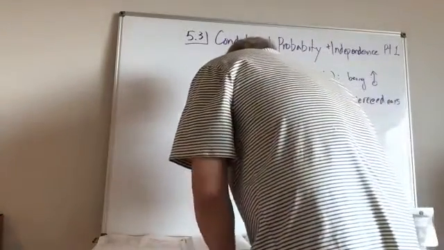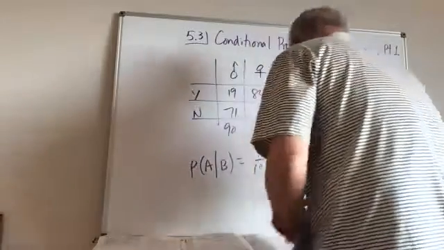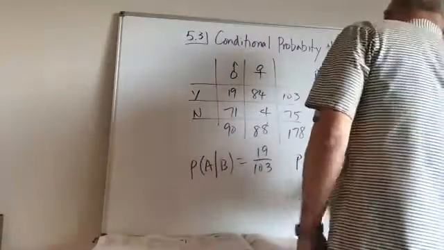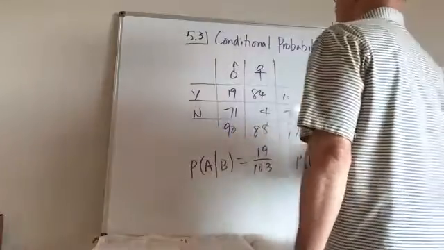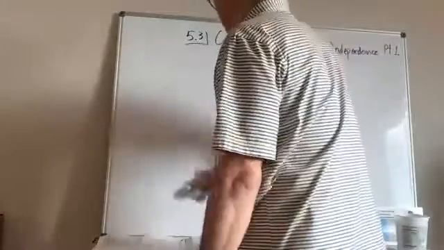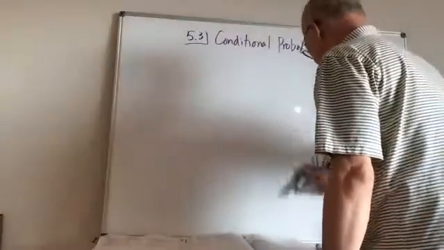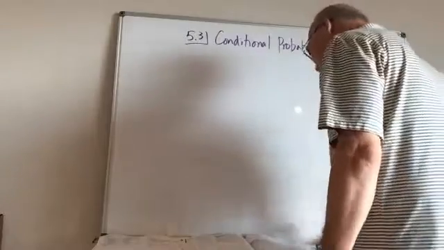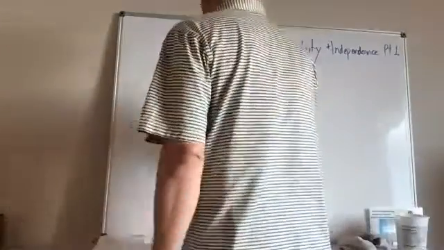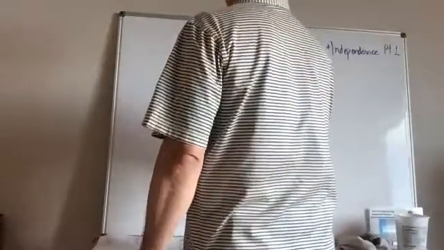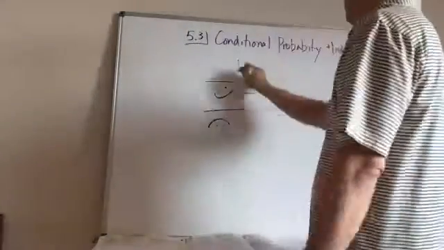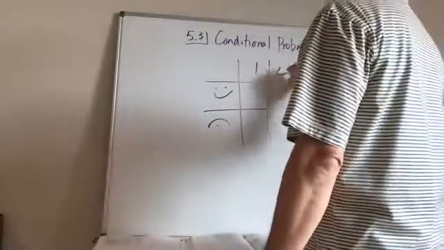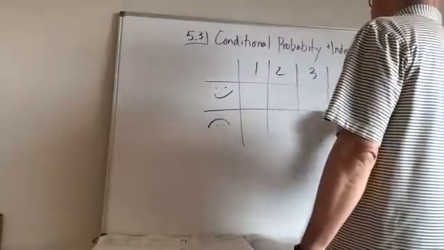Then let's flip the page, go to page 332, and we will welcome back our Titanic disaster example. In the Titanic disaster, we had survived and dead, and we have first class, second class, third class.